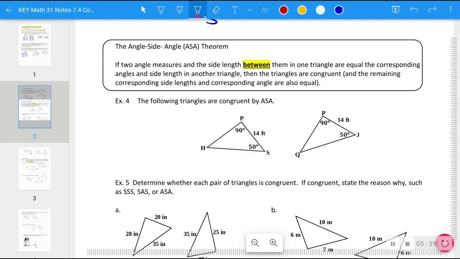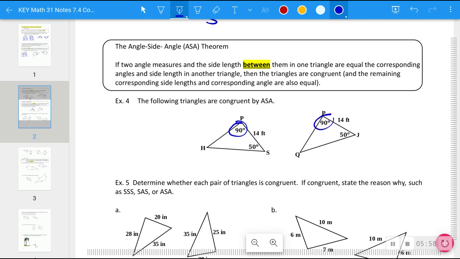Okay, the third way of proving it is angle side angle. And in this case, you're looking for two angles with a side that's shared by them. So two angles and a side, angle side angle. And let me show you the pairings here.